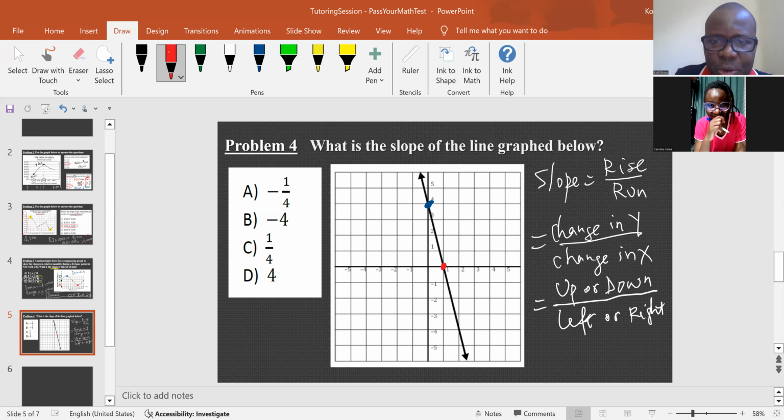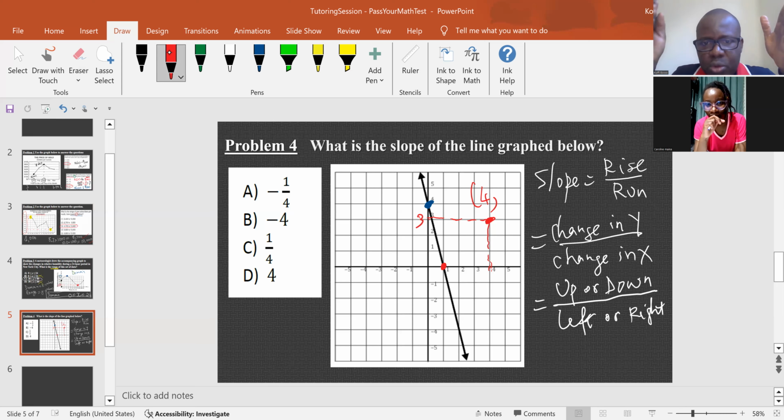Okay, let's guide you. Suppose I place a point here. If I want to know the x value of that point, I project to the x line, and then we have it at 4. So the x value for this point is 4. If I want to know the y value, I project to the y line, which is the vertical line, and I get 1, 2, 3. That's 3 here. How do we find the unit?